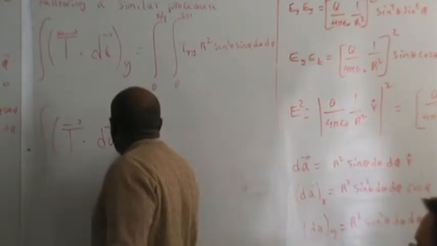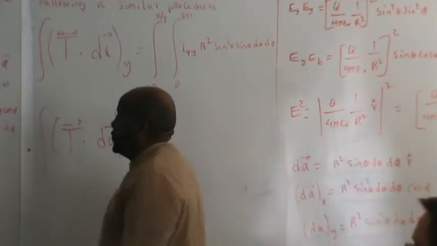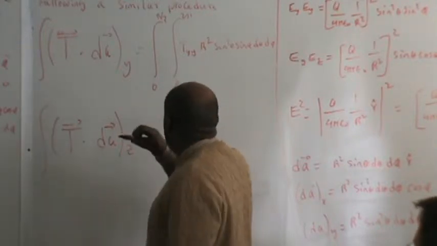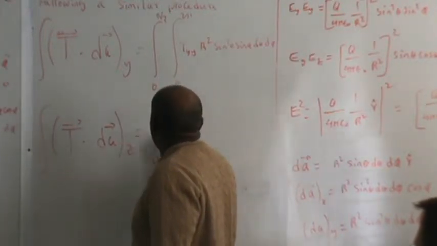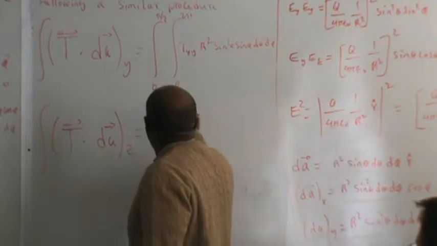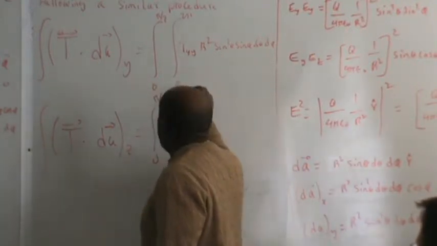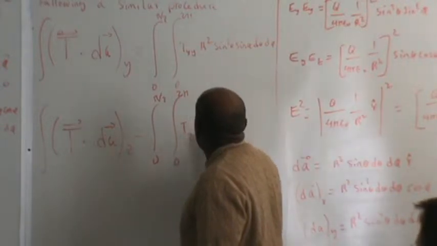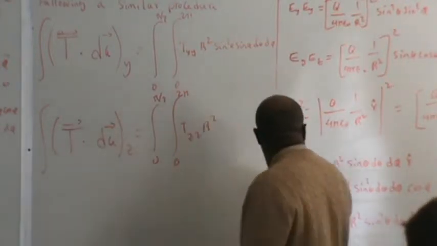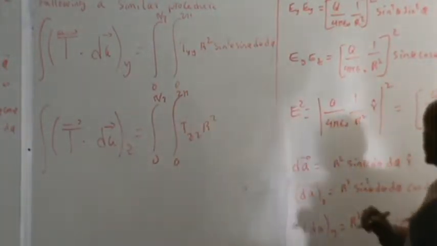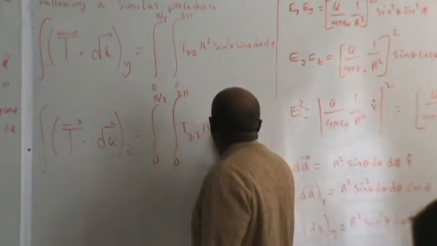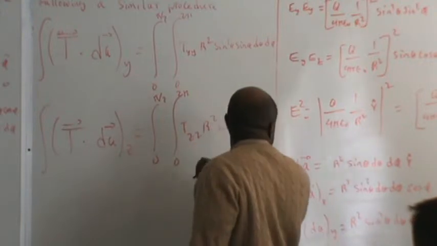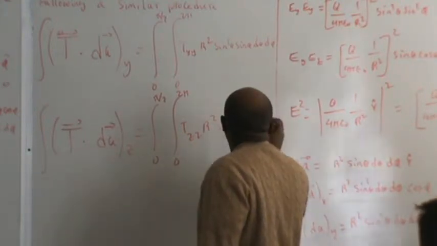So what you will end up with for the z component is just the integral from 0 to pi over 2, from 0 to 2 pi of tzz r squared sine of theta cosine of theta d theta d phi.